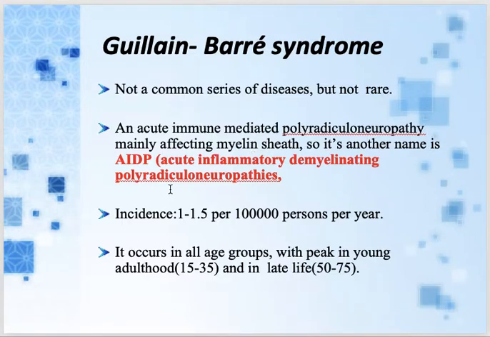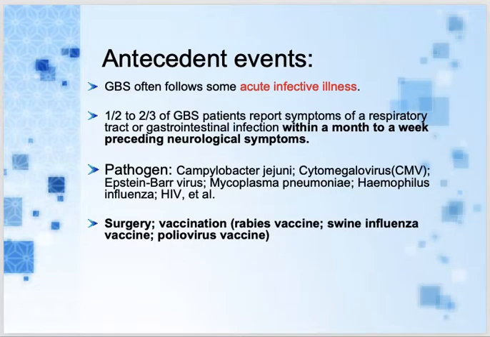It's an acute, immune mediated, rapidly evolving, demyelinating, inflammatory polyradiculoneuropathy. Okay, this is the condition which basically starts in the distal limbs and then it ascends upward.